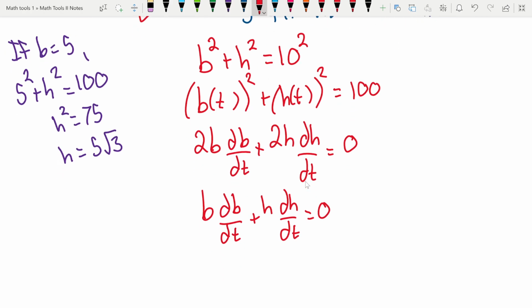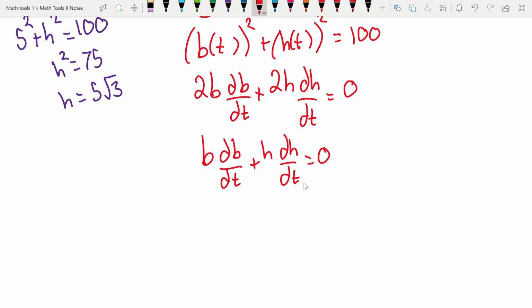Okay, so now we can go ahead and plug everything in. So b is 5. db/dt is what we're looking for. h is 5 root 3. dh/dt is -2. And this equals 0.